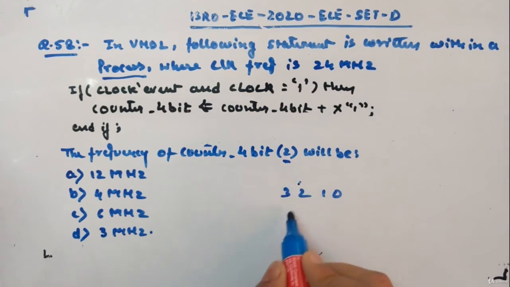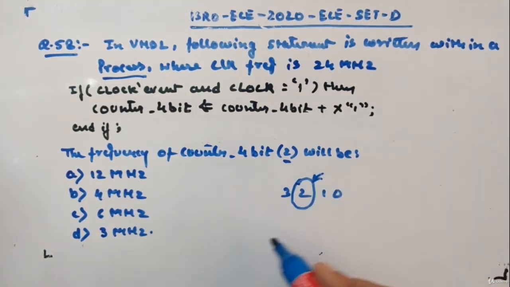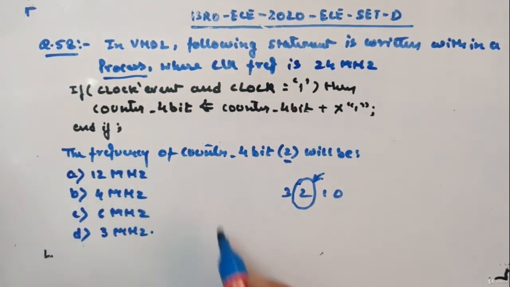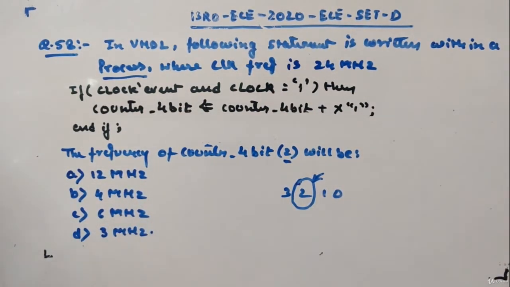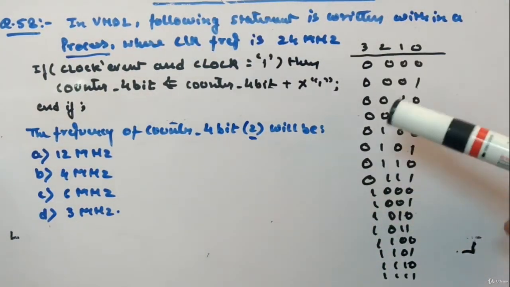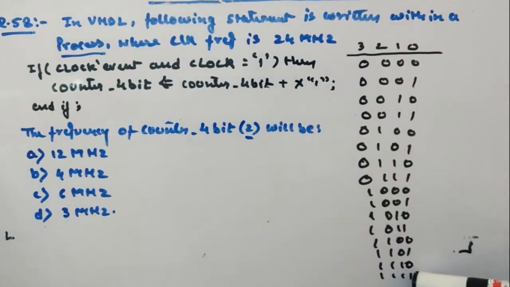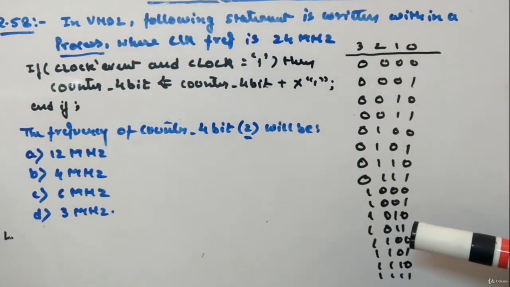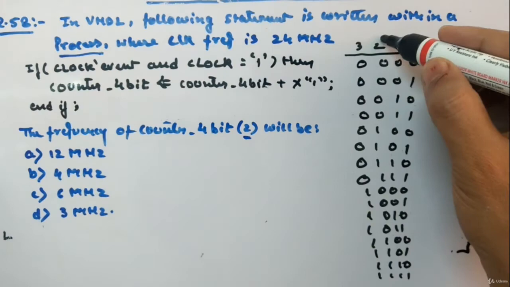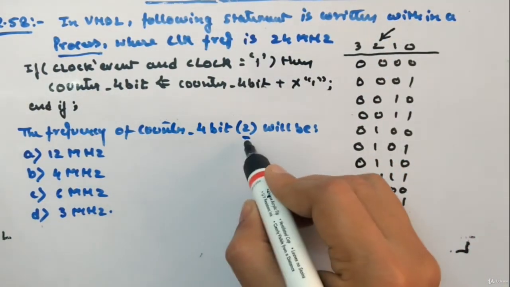So we have to find the sequence and find the frequency of this bit. Let's look at the sequence. It's a 4-bit counter, so it will start from 0000 and go to 1111. We have to find the frequency of this bit, F2, the second bit of counter_4bit.